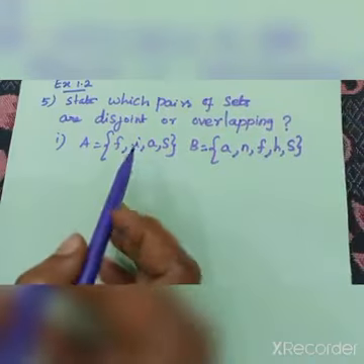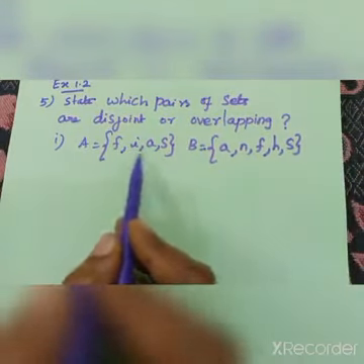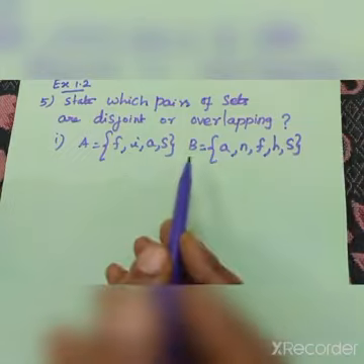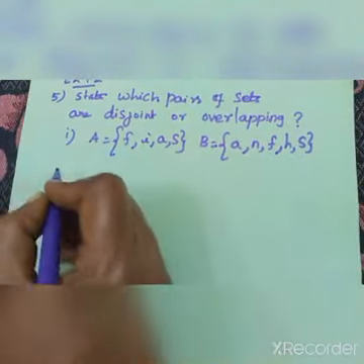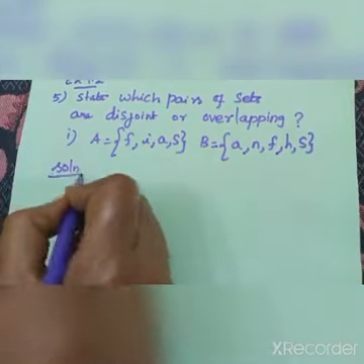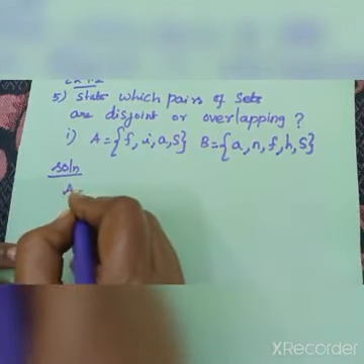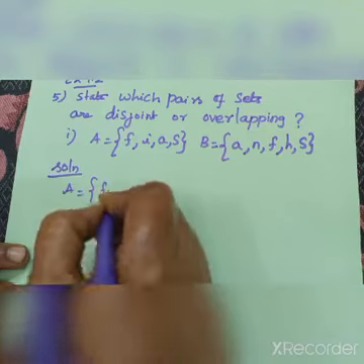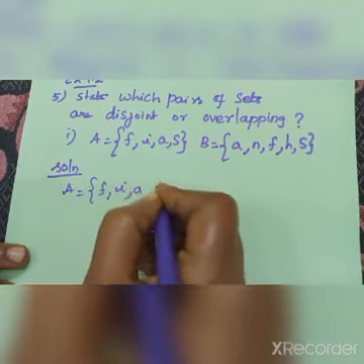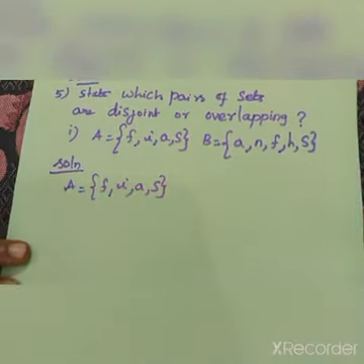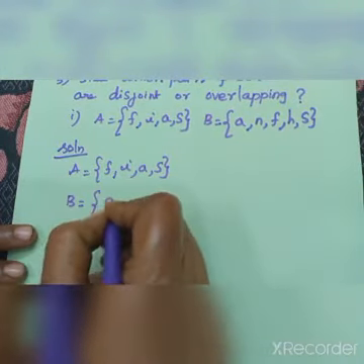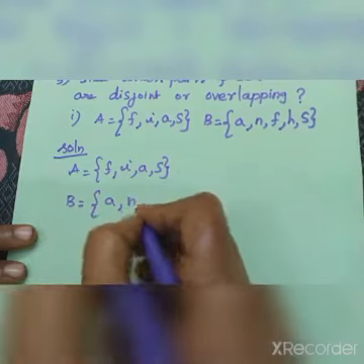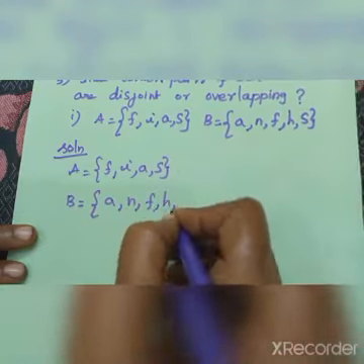We have to check whether the A set and B set are disjoint sets or joint sets.